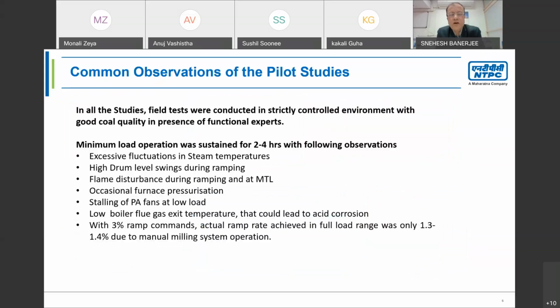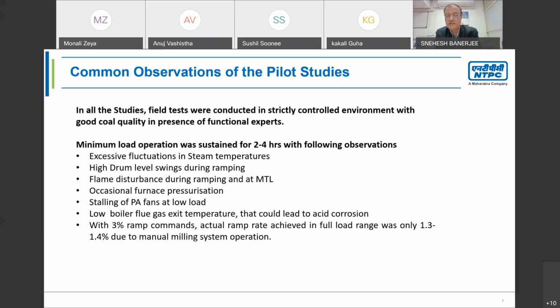While taking up those pilot studies, some of the basic observations we have made are the excessive fluctuations of steam temperatures, the main steam and HRH steam temperature violations, the drum level swings, the flame disturbance during ramping, and the occasional furnace pressurizations, not always, but there may be chances.